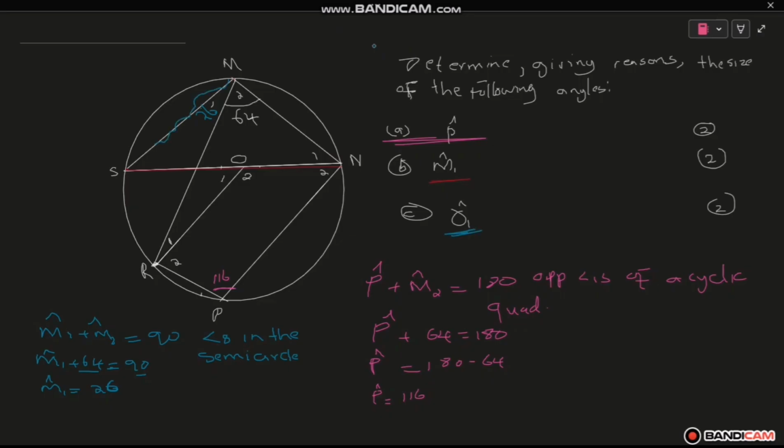So the value of O1, as you can see, uses this last scenario that I explained on the theorem that says angle at the center is 2 times angle at the circumference, meaning O1 is 2 times M1. Therefore, O1 will be 52. Angle at the center is 2 times angle at the circumference. I hope we understood what I explained here.